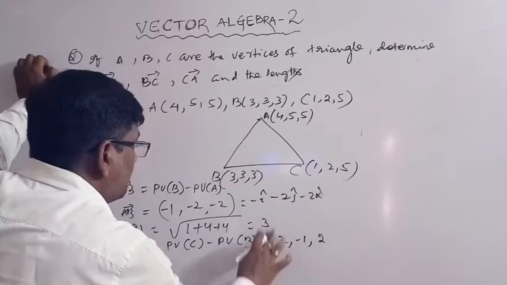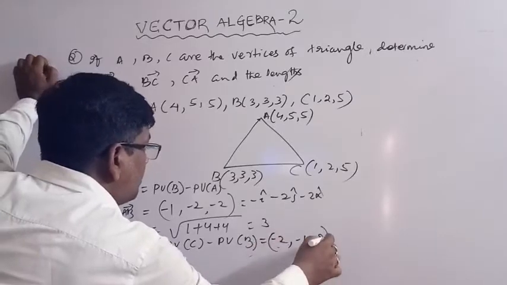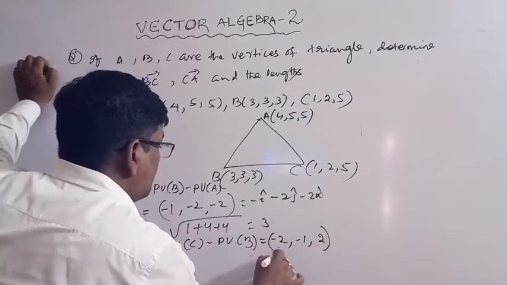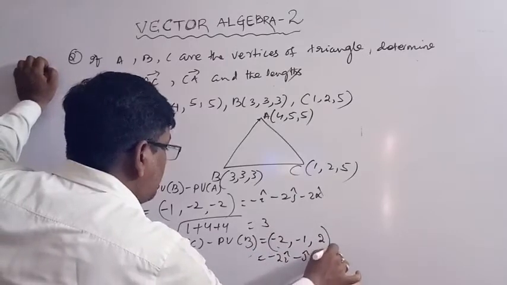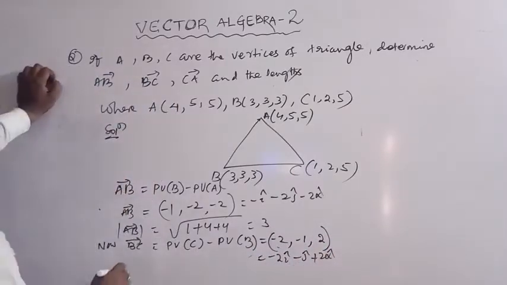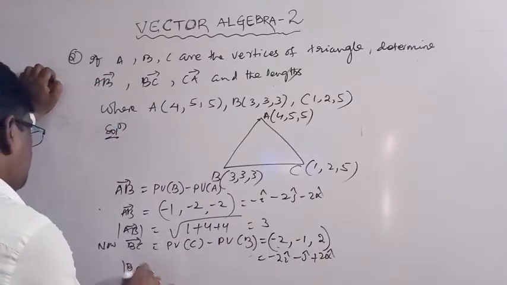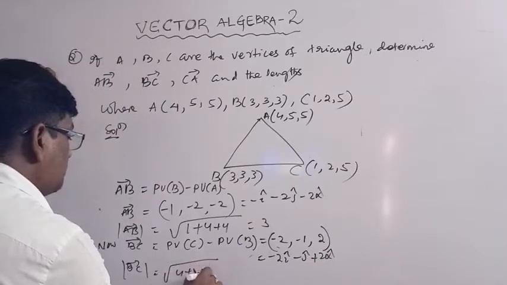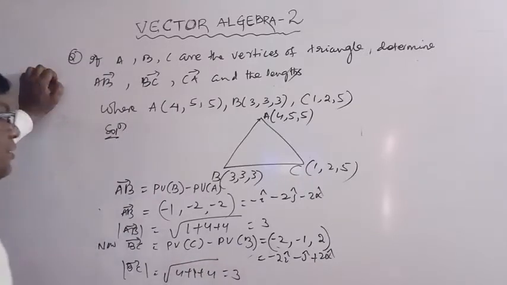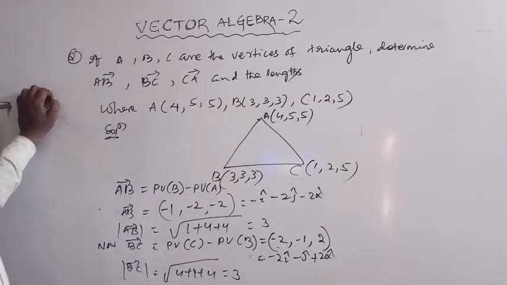Or this can be written as minus 2i minus j plus 2k. And the magnitude of BC vector is equal to root of 4 plus 1 plus 4, which is equal to 3.